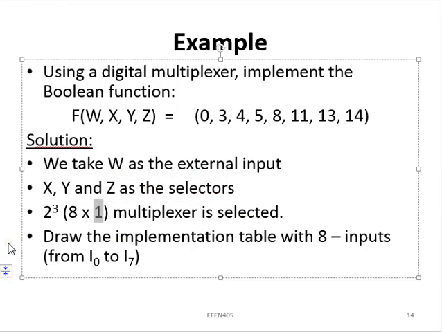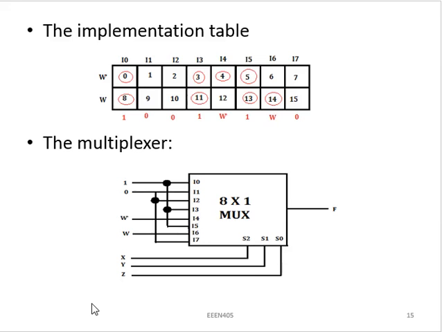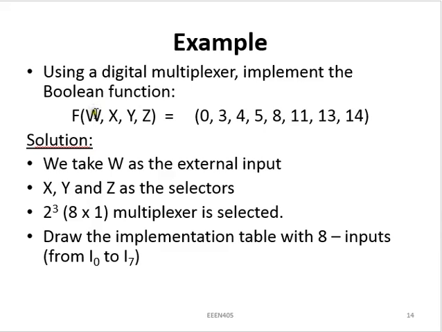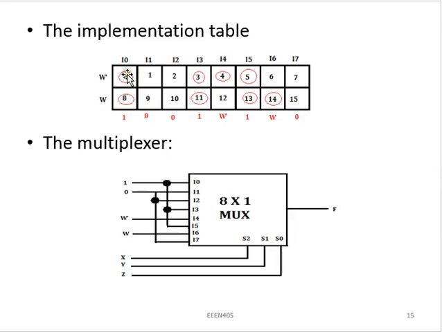And how I do it is to say these my inputs, they are I0 to I7, and as usual we draw our implementation table. And you know, if you go back to the function, it has 4 variables, W, X, Y, and Z. 2 raised to power 4 will give me 16, which means I have from 0, 1 up to 7, 8, 9 up to 15 as we have in this table.